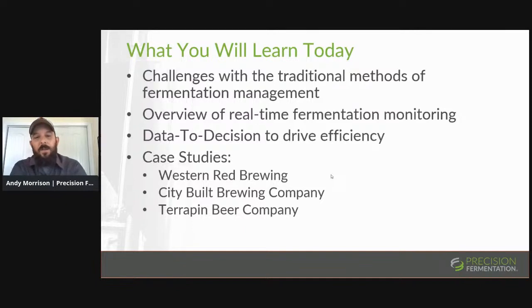I'll talk about how our technology fits into that, what real-time fermentation monitoring actually looks like in action, and then share some of the stories of breweries that have used that method to drive better efficiency or consistency over time.